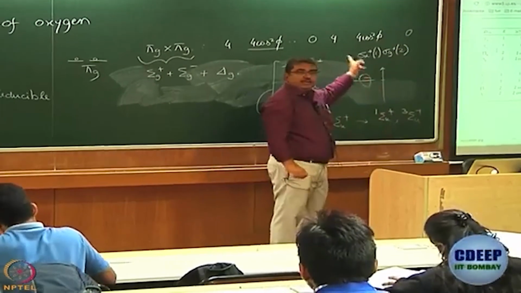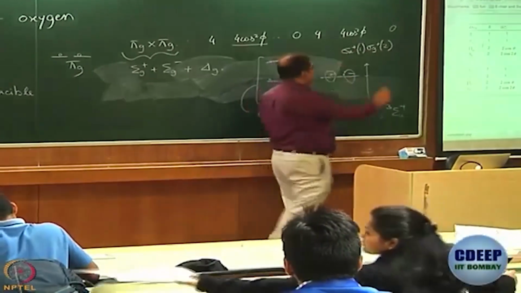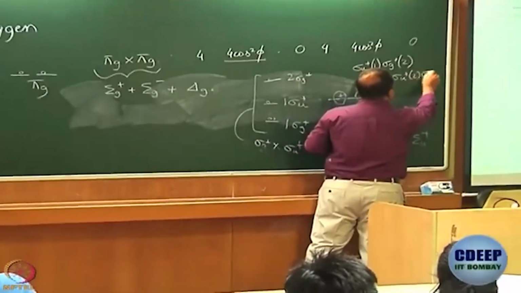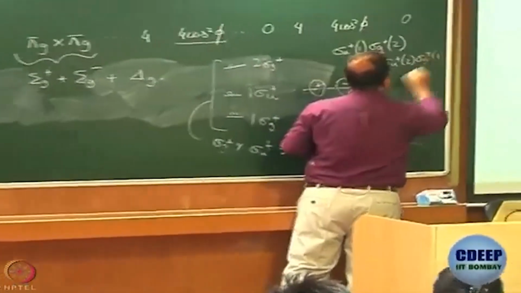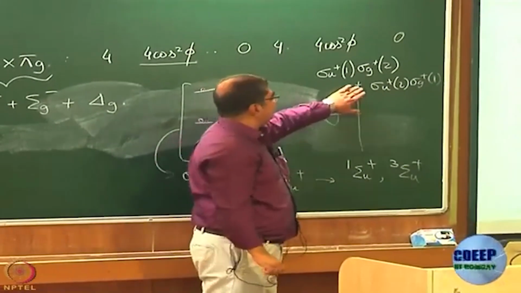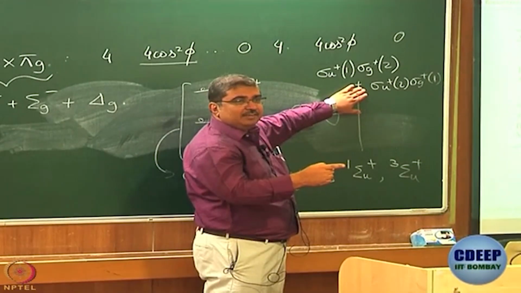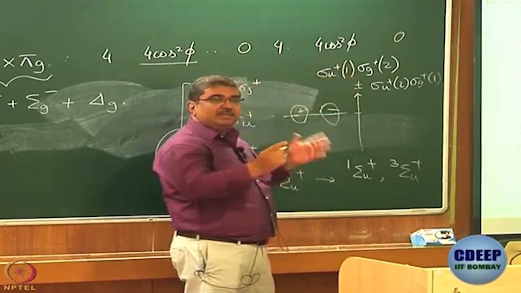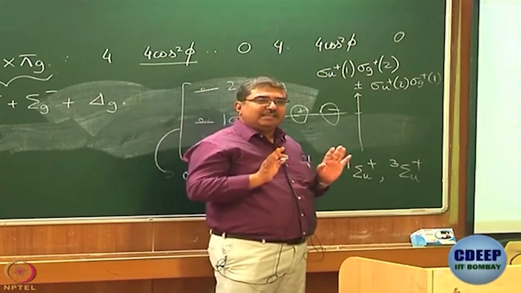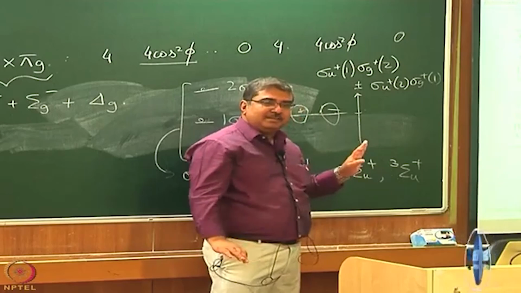Is that a good enough spatial part? What do I have to do? I have to take the other combination, sigma u plus 2 sigma g plus 1, and then I can take plus or minus. If I take plus, then the spin part has to be alpha beta minus beta alpha. If I take minus, then the spin part has to be alpha alpha or beta beta or alpha beta plus beta alpha, remember. So both are possible. The first one is singlet, the second one is triplet.